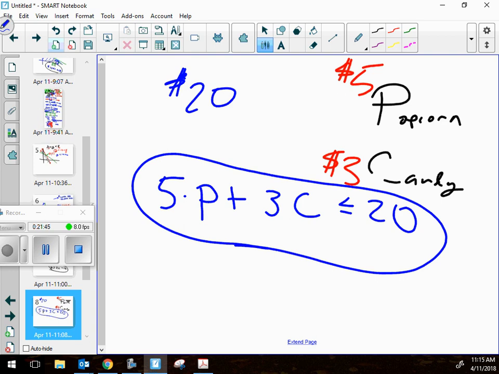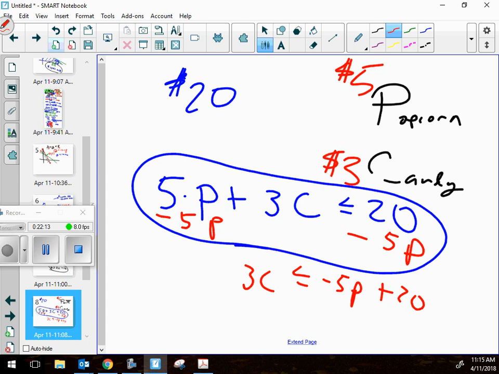So let's say that in our context, candy is the Y. So you'd solve for C. C is less than or equal to negative 5p plus 20.